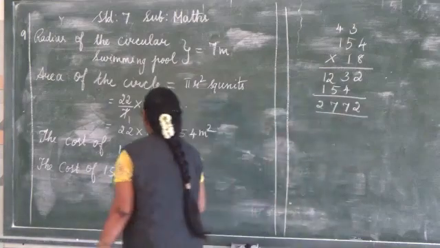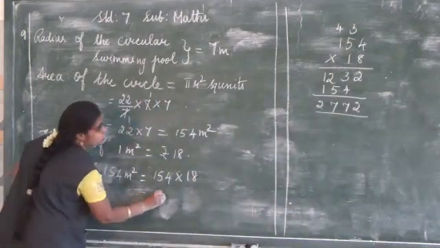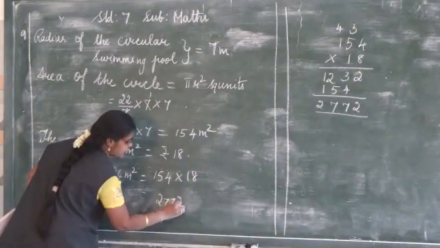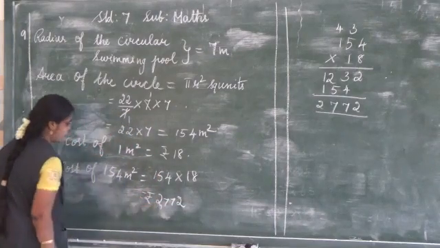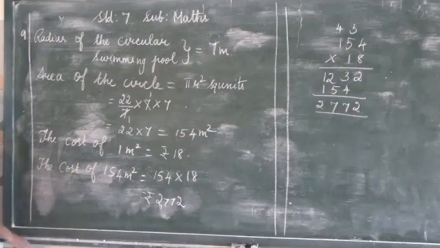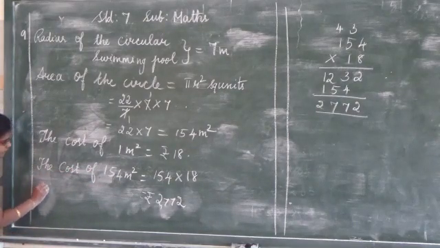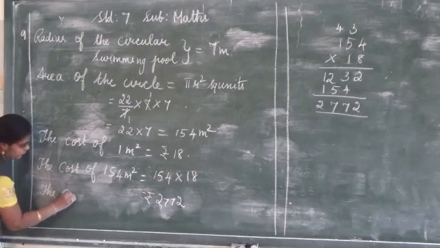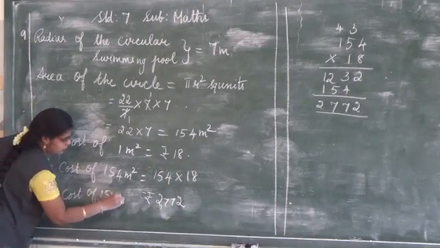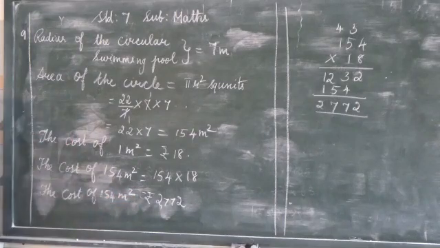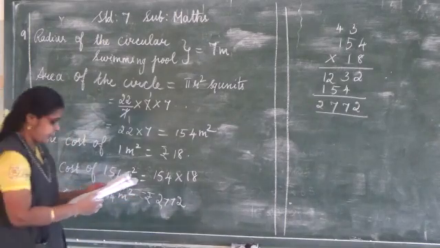So the final answer is 2772. Since it is a cost, you have to write it in rupees. So the cost of 154 meter square is rupees 2772.